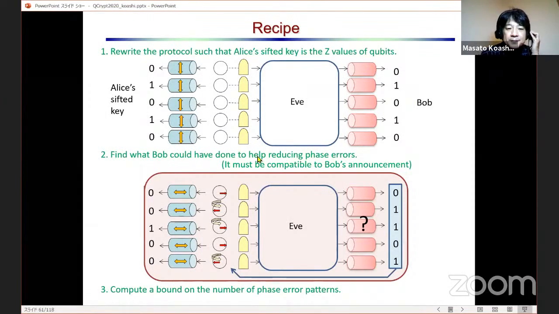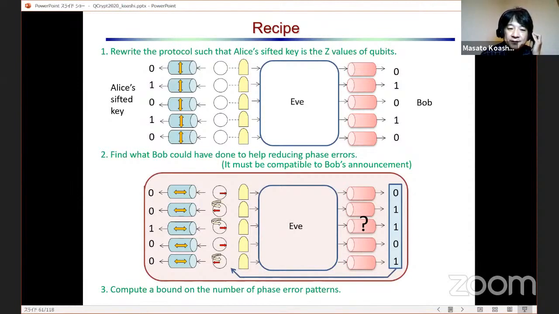This general recipe will work in that case if you can use the property of two-way communication to bound the number of phase errors. Even in that two-way communication, eventually Alice makes her shifted key, which is plugged into the privacy amplification.